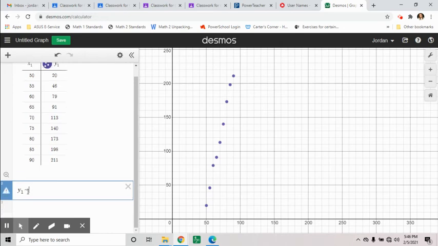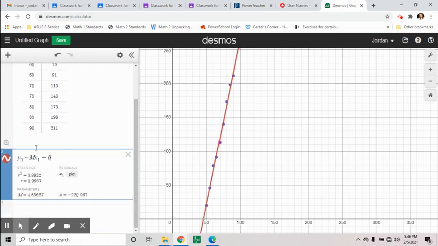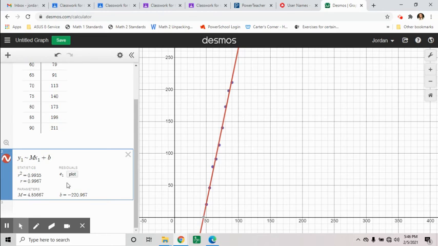It's on the far left side of your top part of your keyboard. mx1 plus b. So I told it to make a linear equation by typing this in, and it did. You can see the red line that it put right through the dots. And so now I have all the information I need to answer my questions.